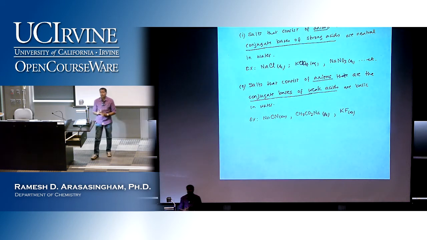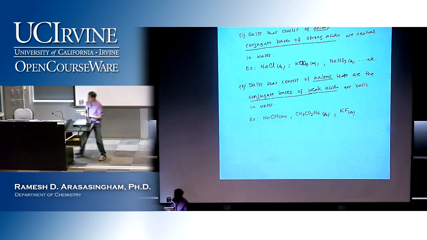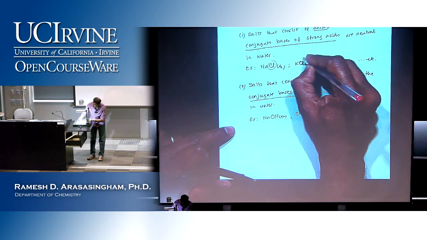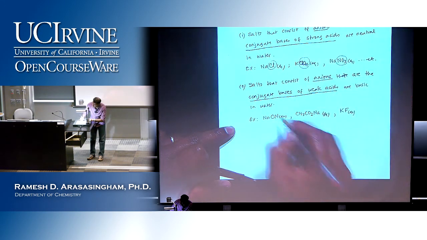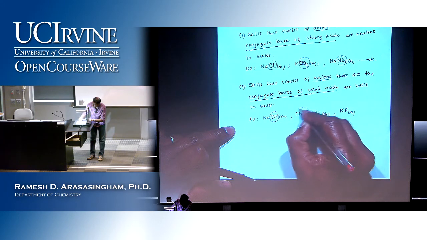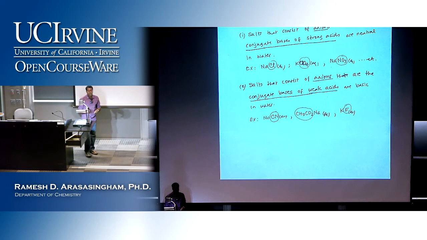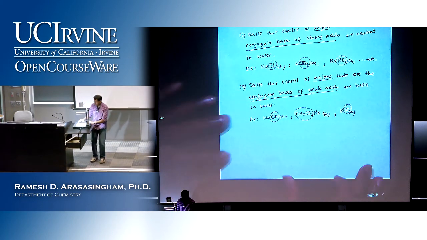If I want to circle the anions, you can see these all will be the conjugate bases of weak acids, and therefore they'd act as a base in water.